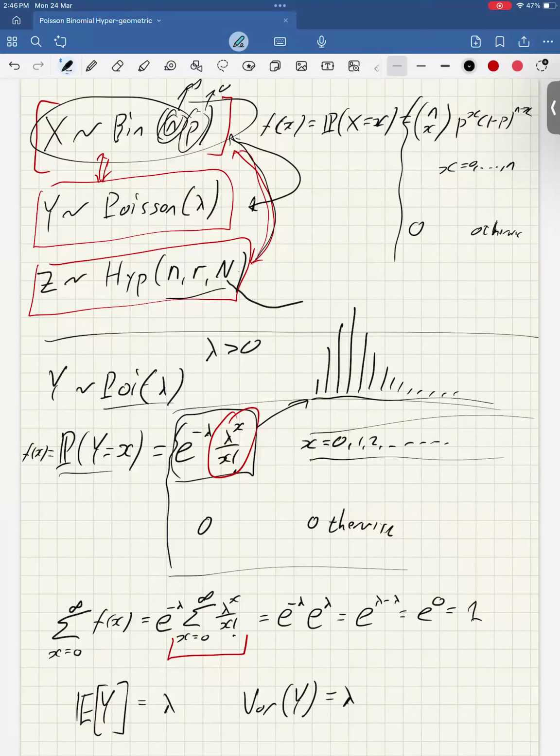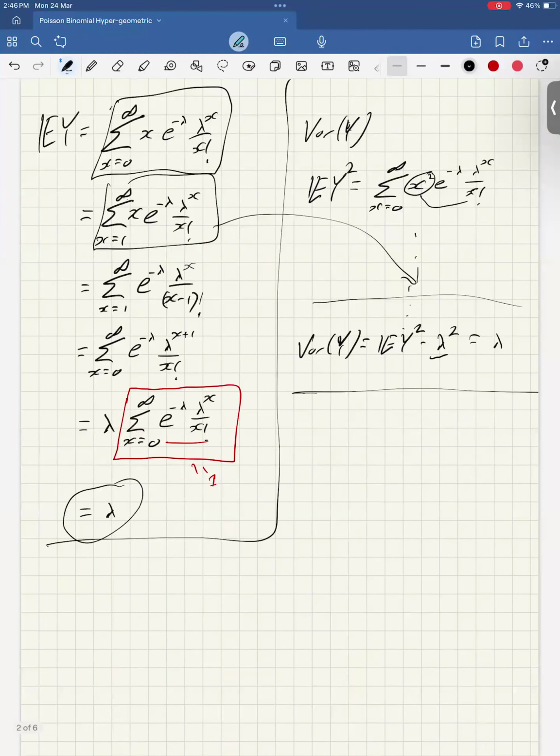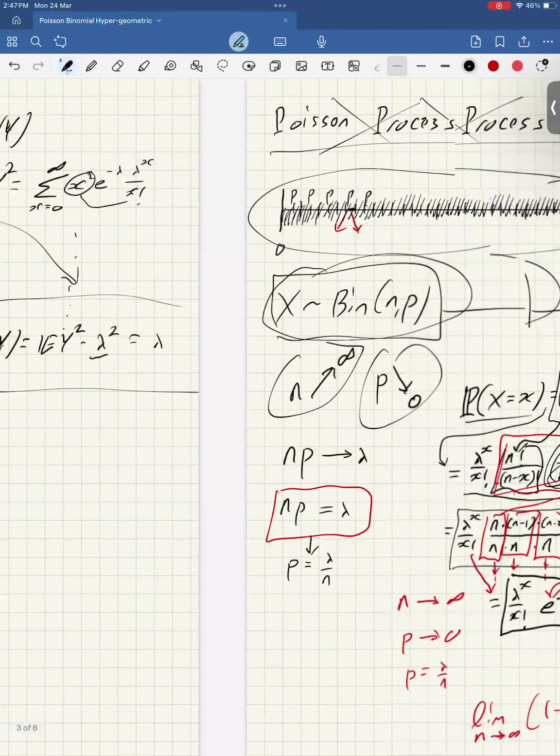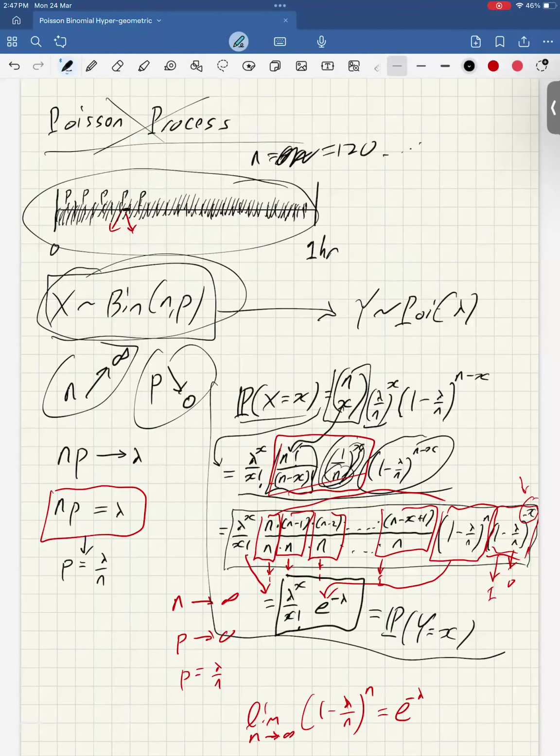So when capital N grows to infinity and r, the number of good apples, grows in a way such that r over N goes to p, well, guess what? You get a convergence: the hypergeometric converges to a binomial. And this will be in assignment 2 of the homework to actually work on. It's a computation of a similar nature to this binomial convergence to a Poisson.